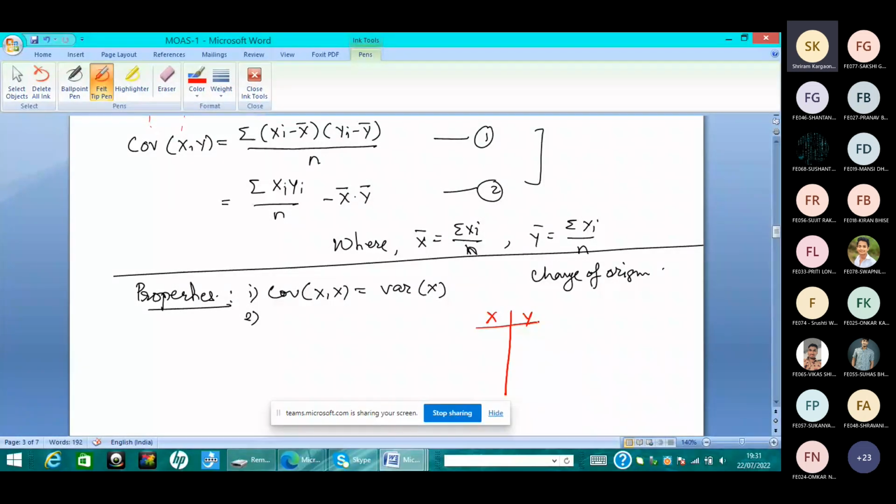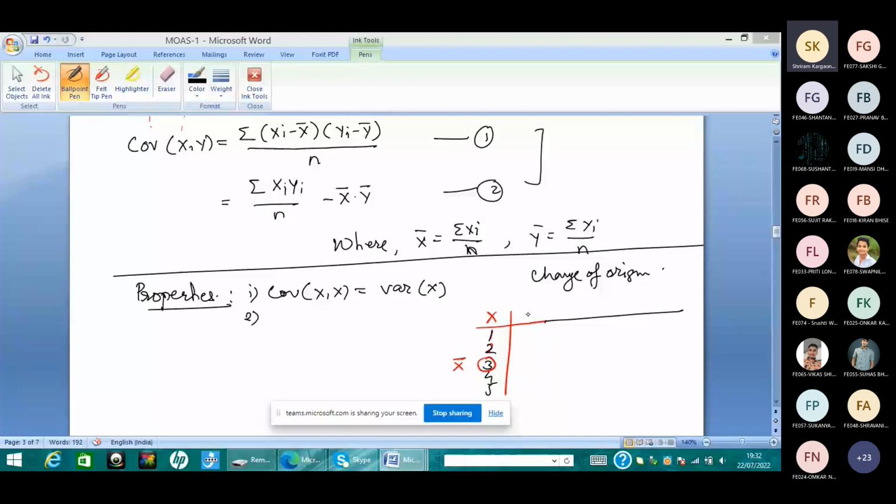Understand, suppose I take a set of values 1, 2, 3, 4, and 5. Obviously the middlemost value is the arithmetic mean. Change of origin means you add or subtract some constant to the original data. Suppose I take a new variable y1 and add the constant 2.